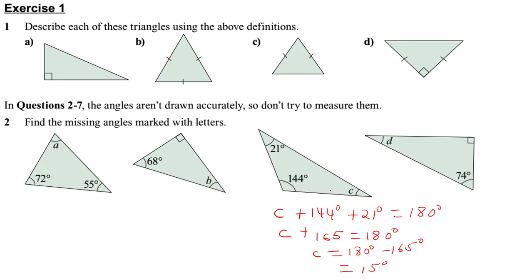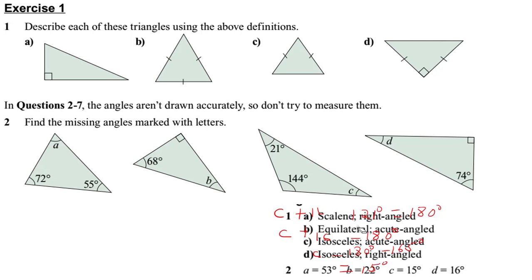Now, if you want to pause the video again and mark your answers quite quickly, the answers are over here for you. So pause the video and then mark the answers, please.